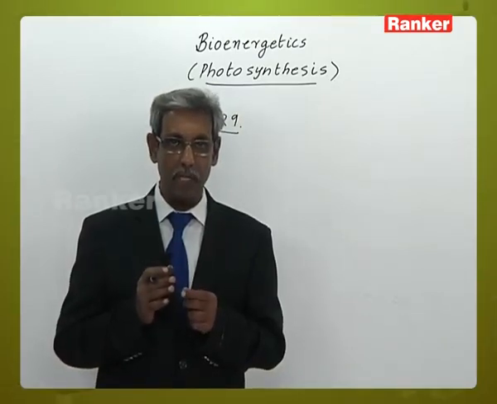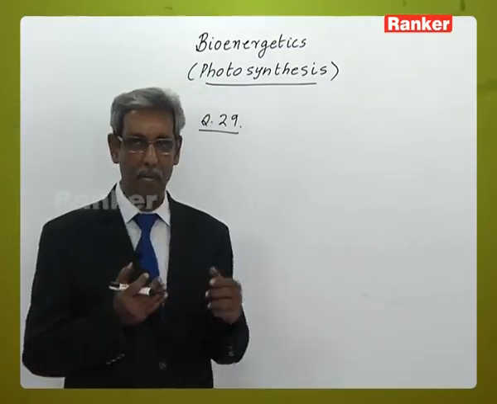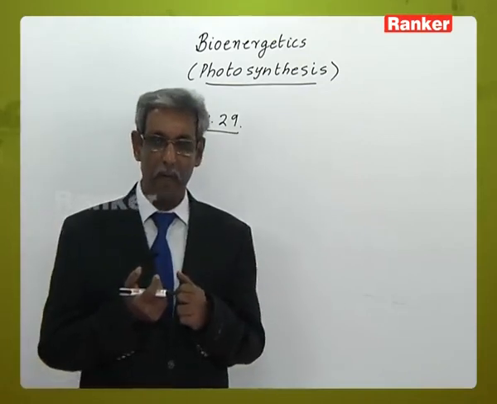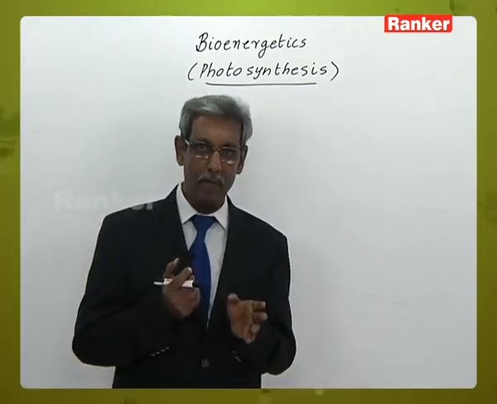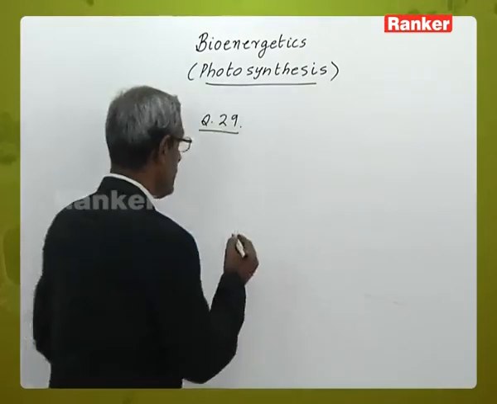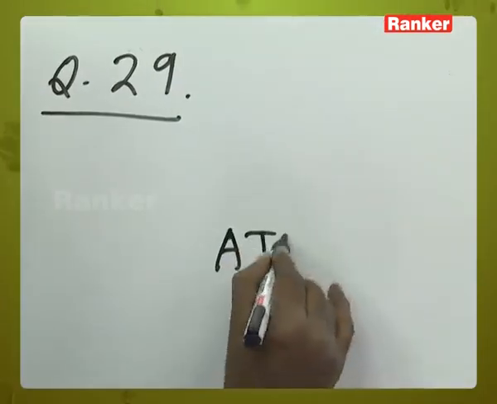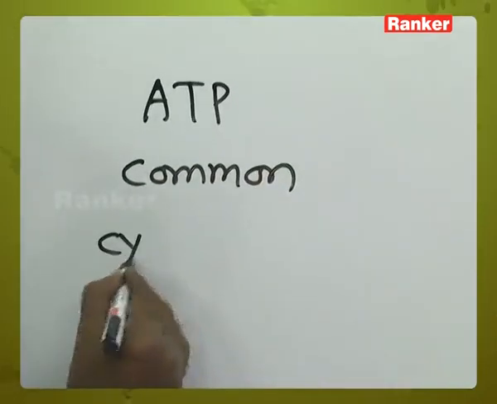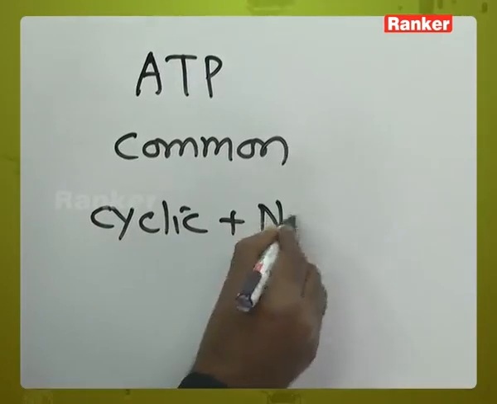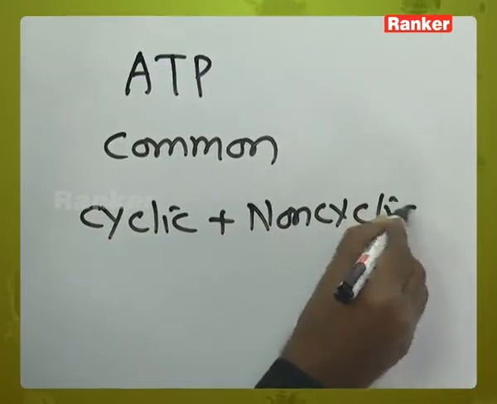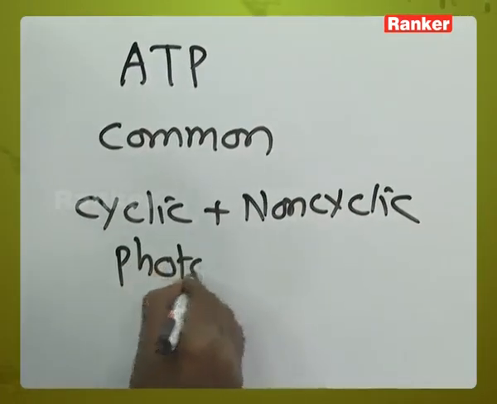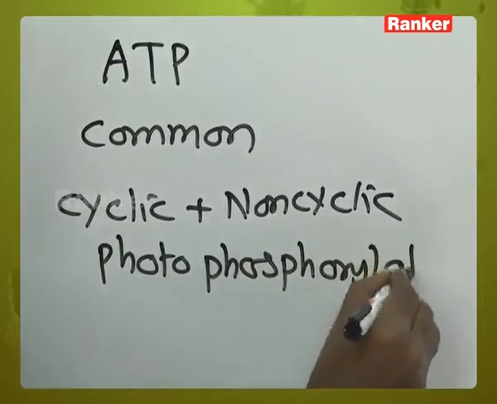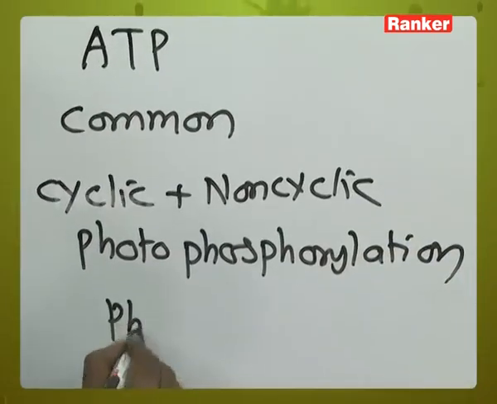Whereas, release of oxygen is only allowed with relation to photolysis of water, which is specific for photosystem 2. Formation of NADPH is specific for photosystem 1. Whereas ATP formation is common for both cyclic and non-cyclic photophosphorylation during photosynthesis.